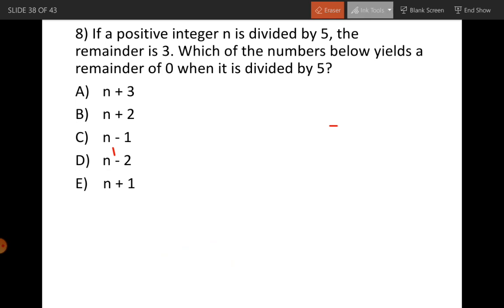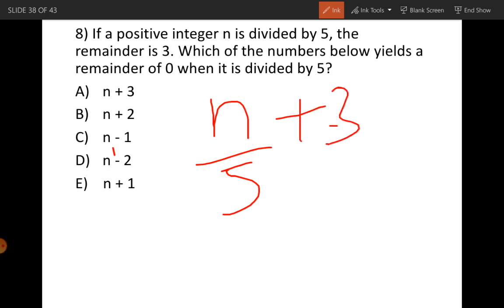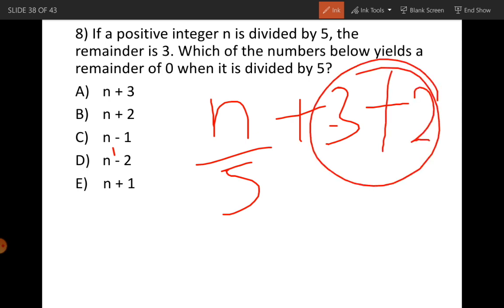Here the thing we have to know is, for the divisibility test, this n is divisible by 5. If we add 3 to this number, it is increased by 3. So to make it divisible by 5, we have to add 2, and this number becomes 5.